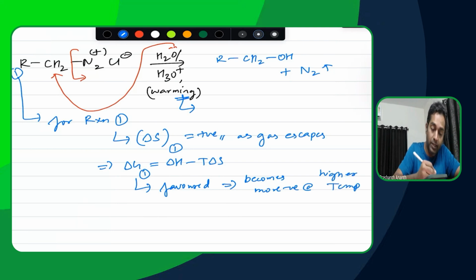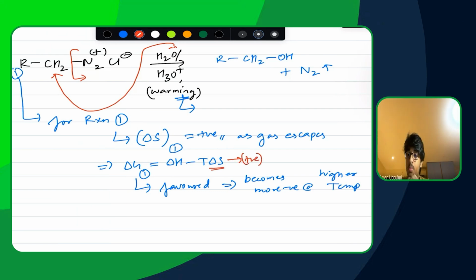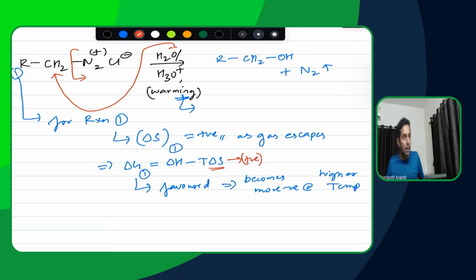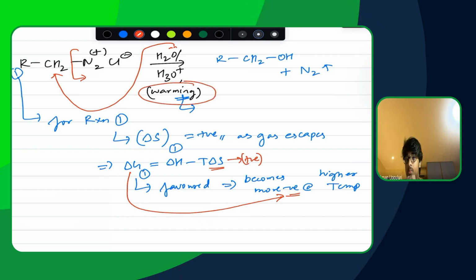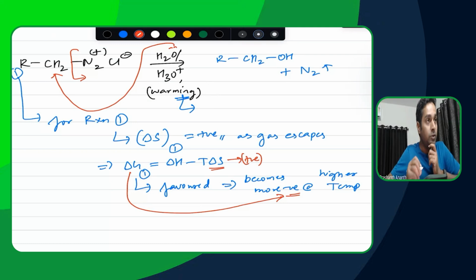Why? Because delta S is positive. You understand the idea here? Delta G will become more negative at higher temperature here. So that is why we warm it. Okay. Clear so far? Yes, sir.